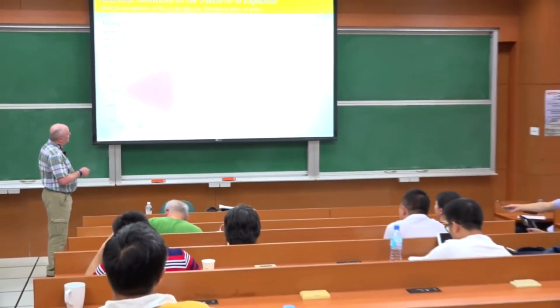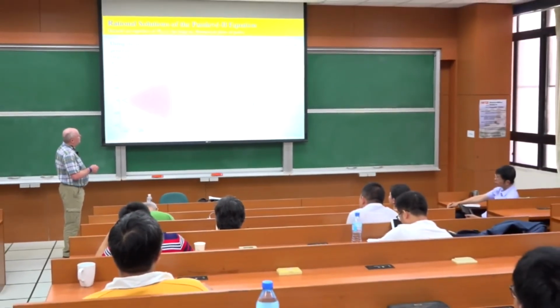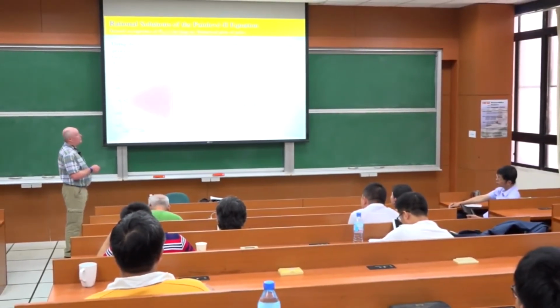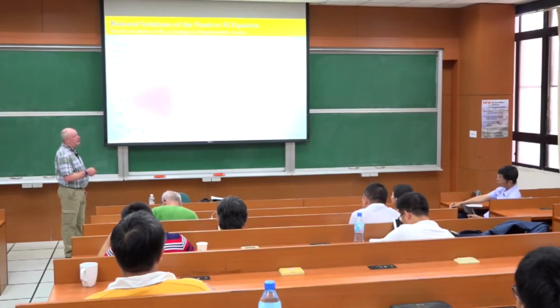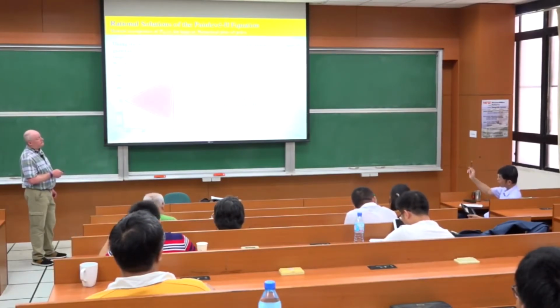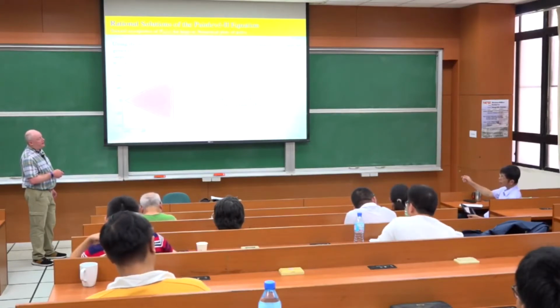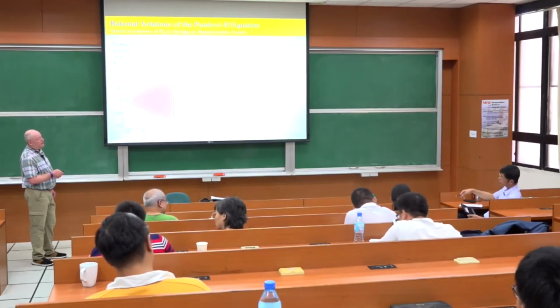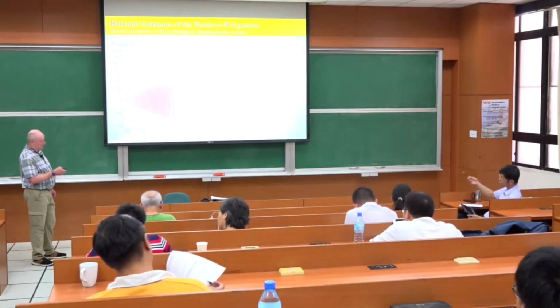One color of dot is the zeros of Q_m, and the other is Q_m minus 1, I think. But just now you said P_m is U_m prime over U_m. Yes, that's right.